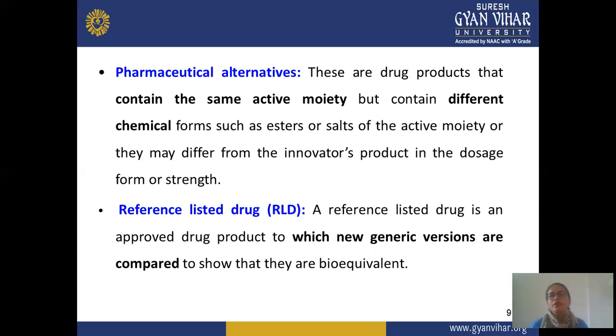Means before preparing a generic drug or copying a branded drug, you check that particular branded drug, and according to their approved parameters, you can check whether both drugs are equivalent or bioequivalent or not.